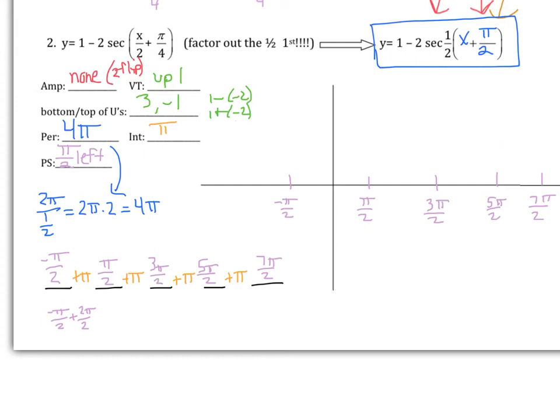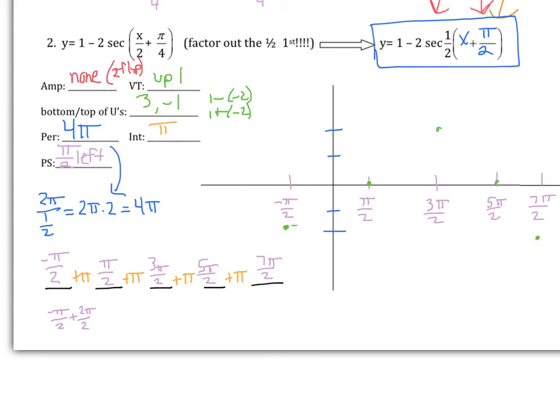Alright, the amplitude for this one was 2, but it was flipped. So I'm going to go ahead and start with that. Amplitude of 2. This is a cosine graph, so I'm going to start my cosine graph, since it's flipped, low. Then I'm going to go to 0, high, 0, low.